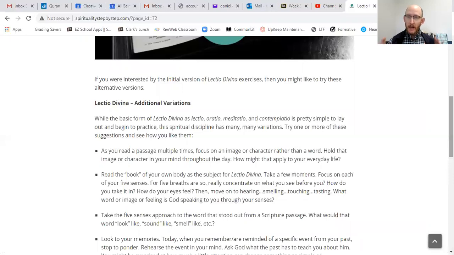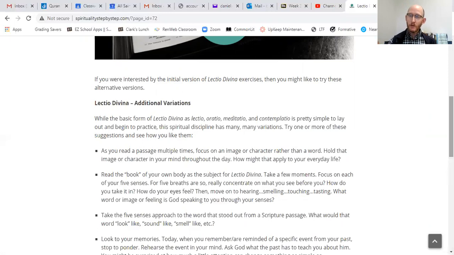Really, the basic form of Lectio Divina, those different stages of lectio or reading, oratio or reciting, meditatio or meditation in the sense of concentrating and repeating, and contemplatio, contemplation, the moment of meeting God or having a spiritual moment in that experience.